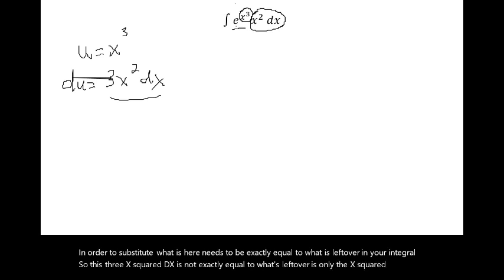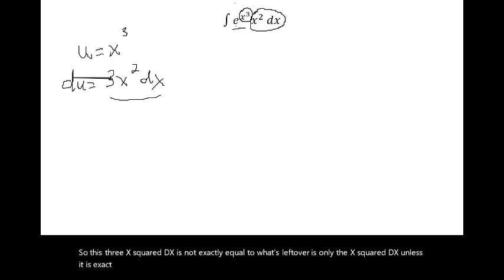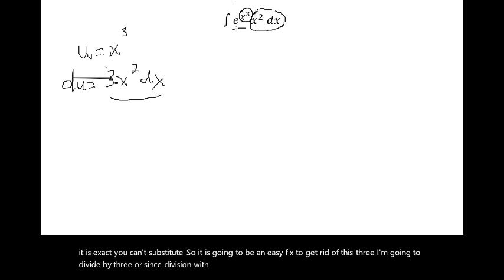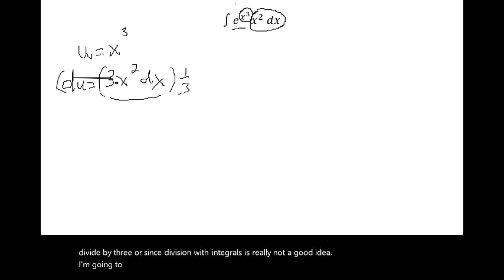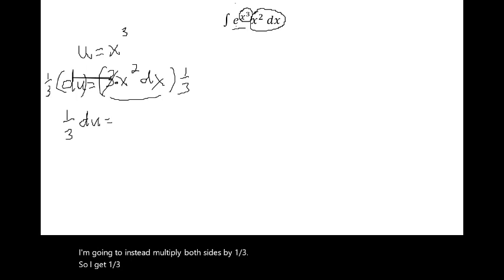Unless it is exact, you can't substitute. So it is going to be an easy fix. To get rid of this 3, I'm going to divide by 3, or since division with integrals is really not a good idea, I'm going to instead multiply both sides by 1/3. So I get 1/3 du is equal to, those cancel out, x squared dx.